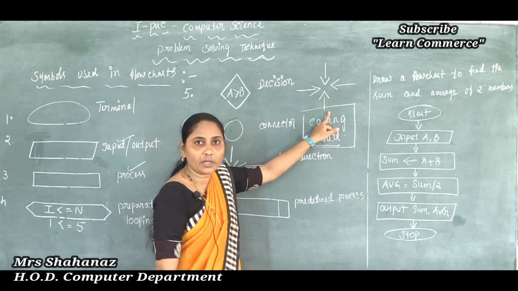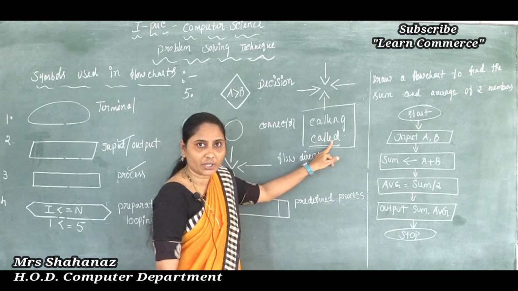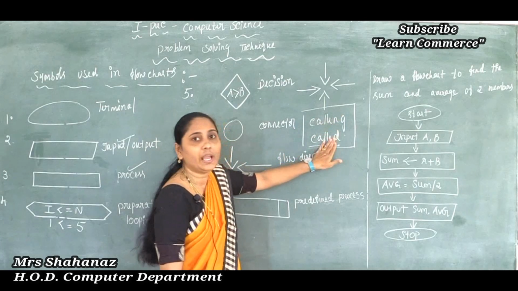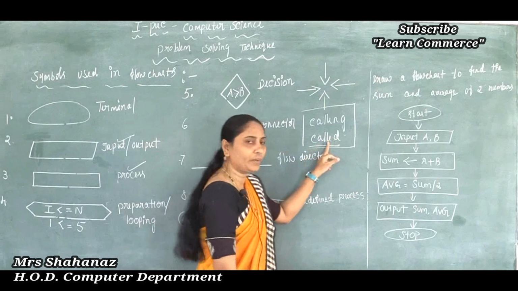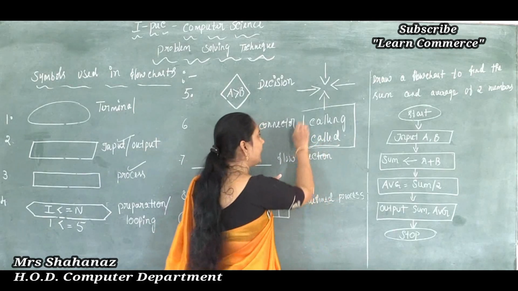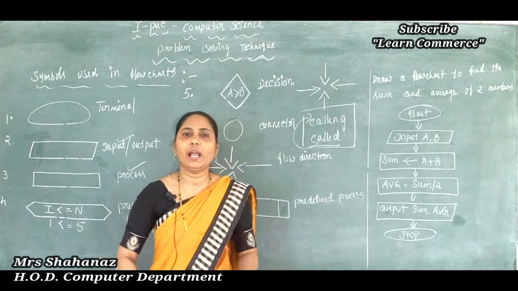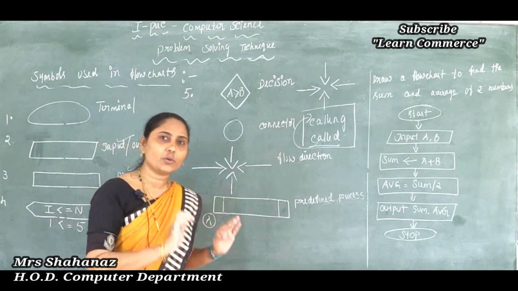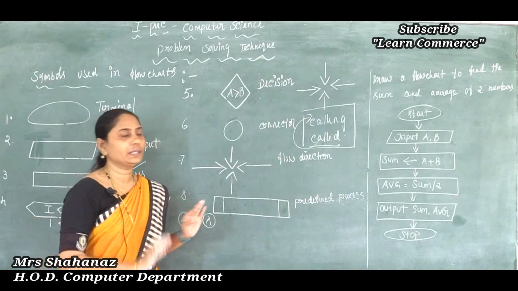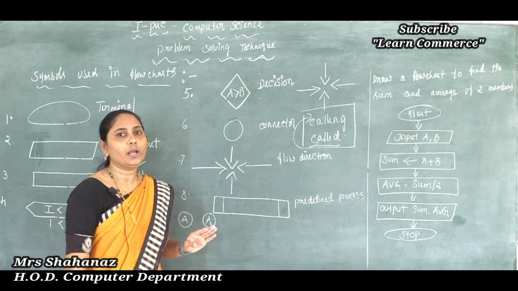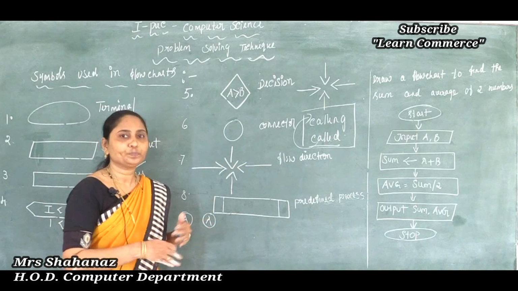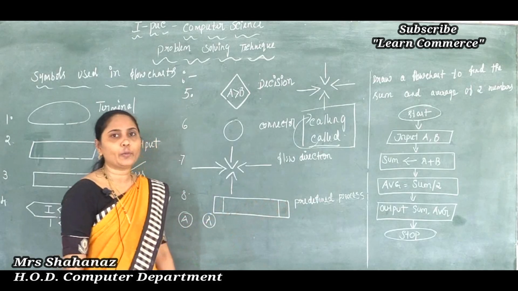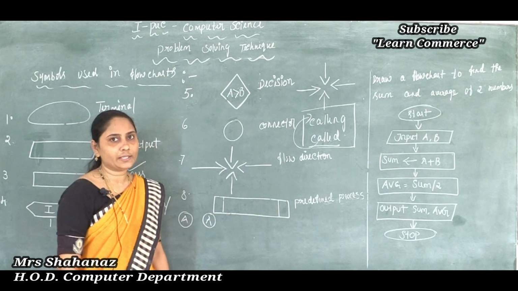The called function takes arguments from the calling function, performs the calculation and sends the result back to the calling function. You don't need to know the full meaning of calling and called now, I just said it in a simple way. In this class I just want to tell you about the predefined process, till there only. Clear this point here?